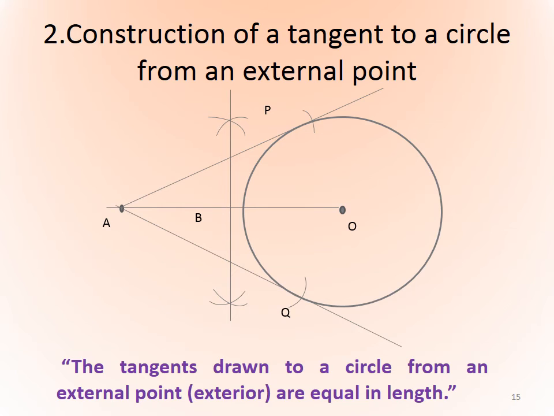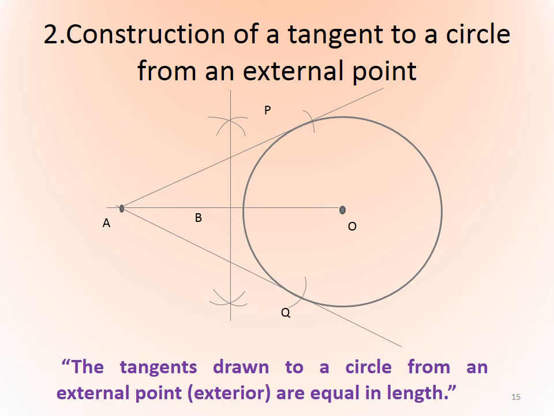AO is the angle bisector of the angle PAQ, as well as AB equals BO and AP equals AQ, as well as angle APO equals 90 degrees and angle AQO equals 90 degrees.